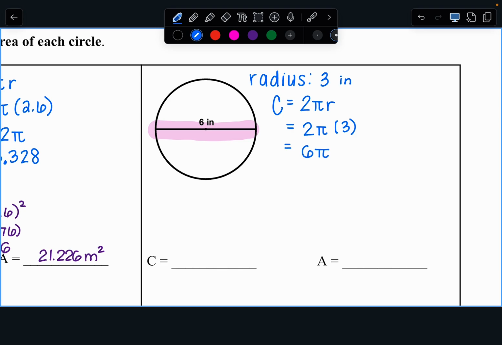So we can actually do 6 times 3.14 to get our circumference. This is 18.84, and that's in inches. Questions on finding circumference?